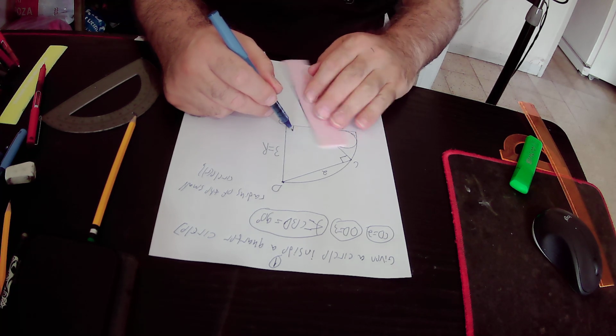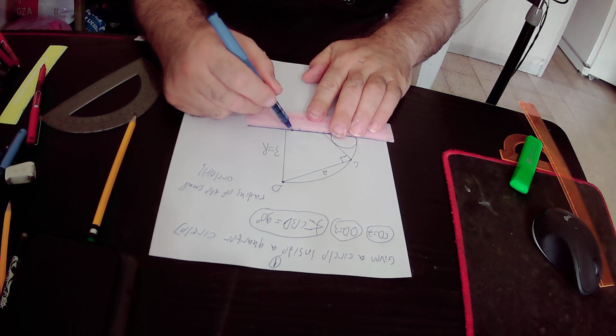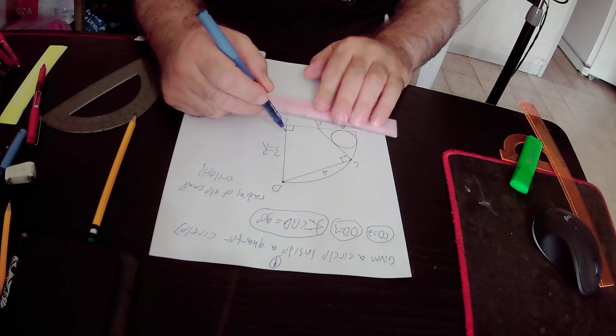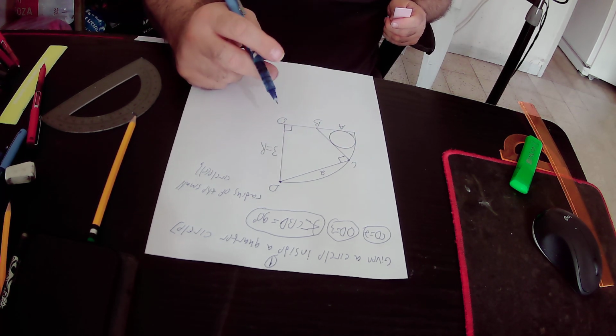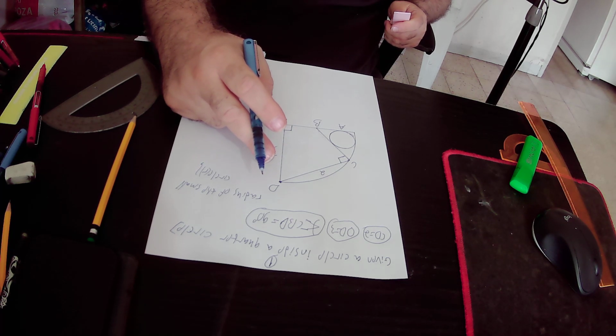It equals 90 degrees because we have a quarter circle, so this angle must be a right angle, and OD must be the radius of the quarter circle.